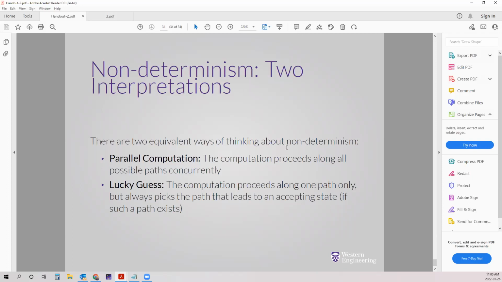I have different computational threads running at the same time. I should end at one of these paths in an accepting state, at least one or more, and then I will accept that language. So the computation proceeds along all possible paths concurrently. The second one, lucky guess: the computation proceeds along one path only, but always picks the path that leads to an accepting state if such a path exists.